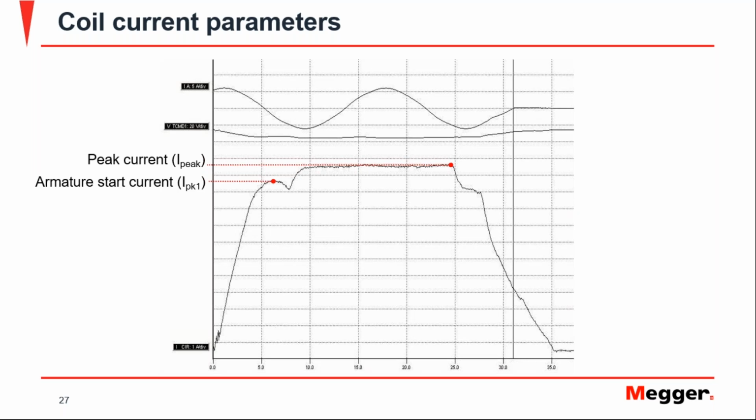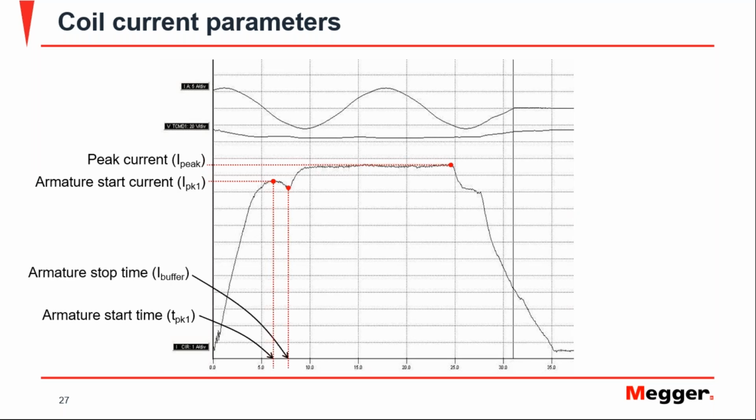So there's an armature inside the coil, and as you energize the coil there will be an electrical field there, and it's going to cause this plunger to move. That will happen at a certain peak current and at a certain time.